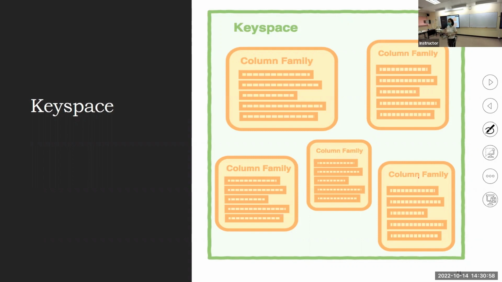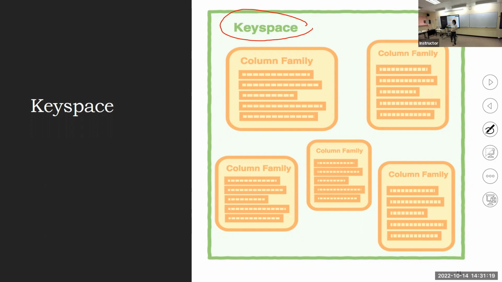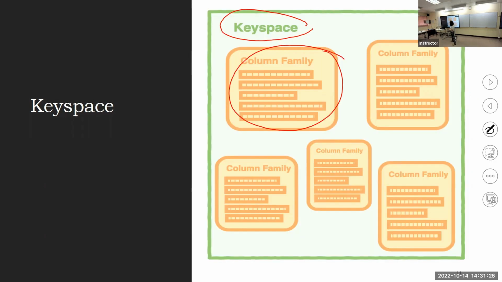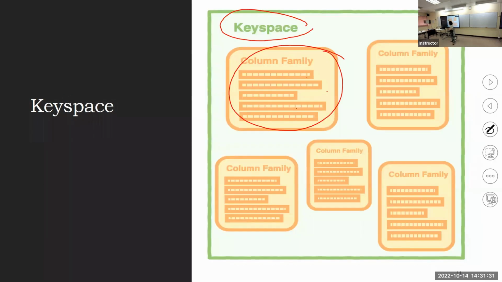So we will have what is called a keyspace. Inside the keyspace, we can have many column families. Let's look at the bigger picture: each keyspace looks like this picture, and each column family can be viewed this way when you zoom in. So one keyspace comprises many column families.